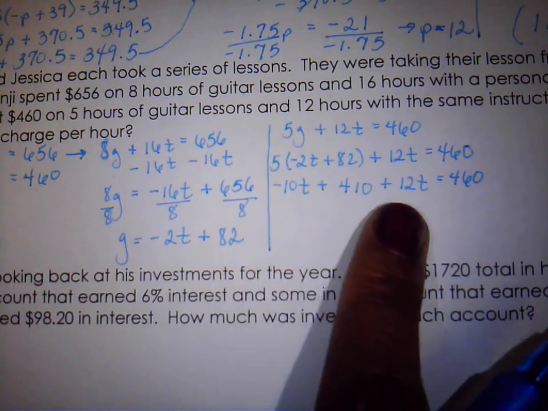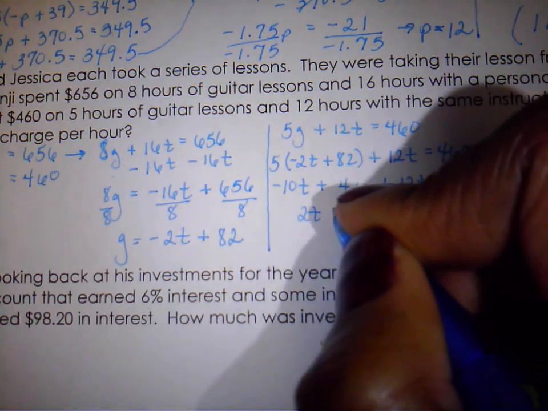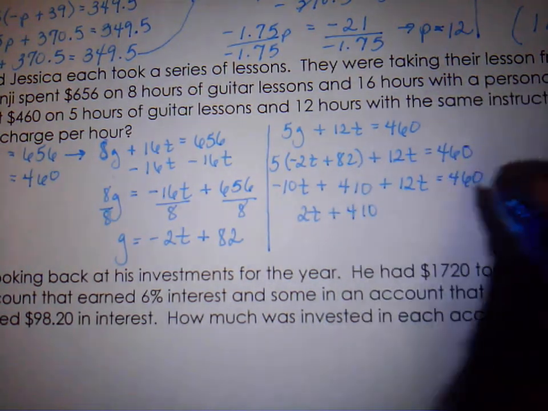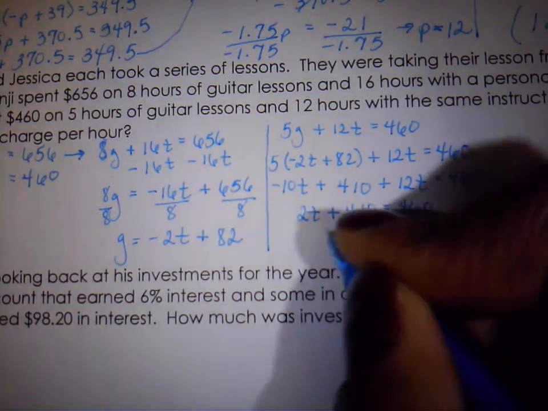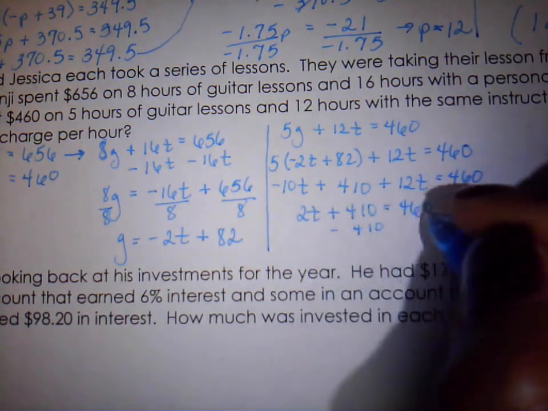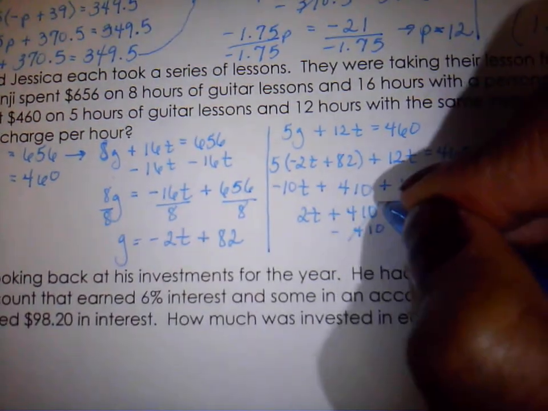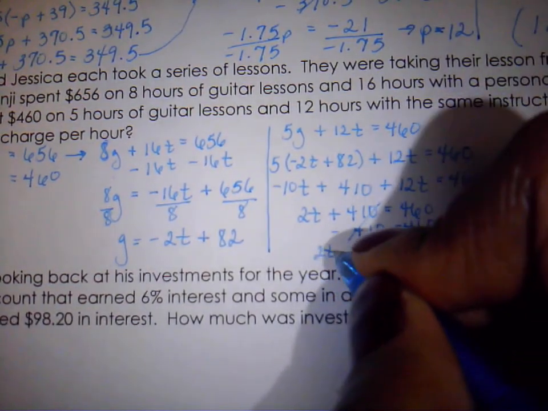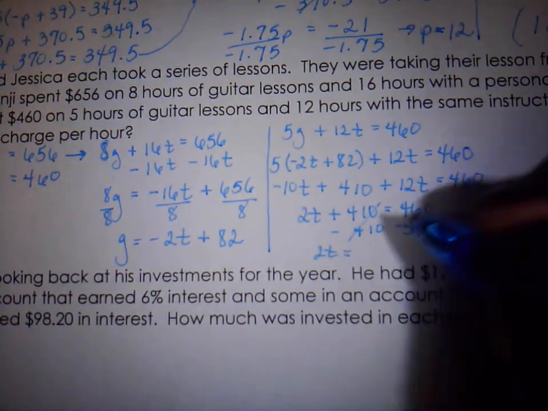Negative 10T plus 12T is going to be 2T. I'm going to subtract 410 from both sides. And 2T is equal to, what is that, 50?